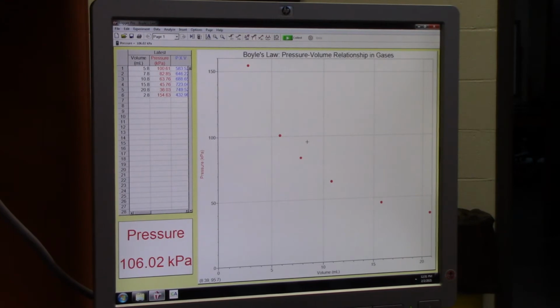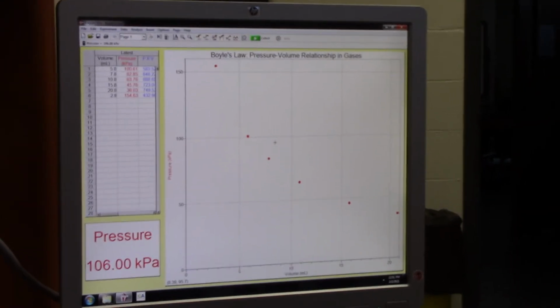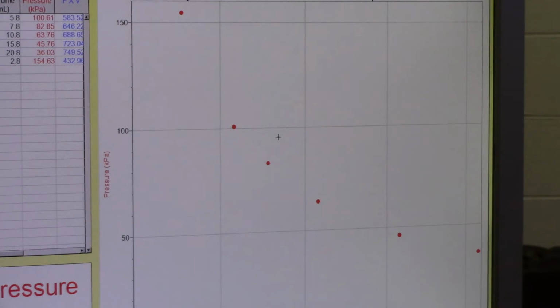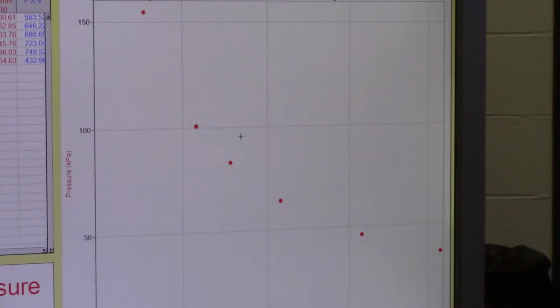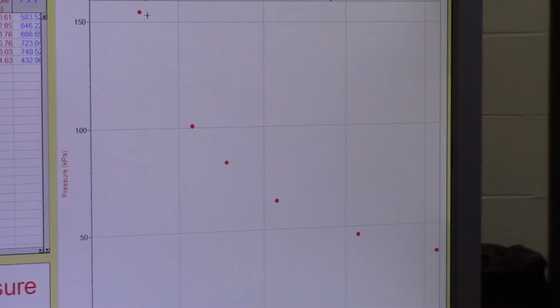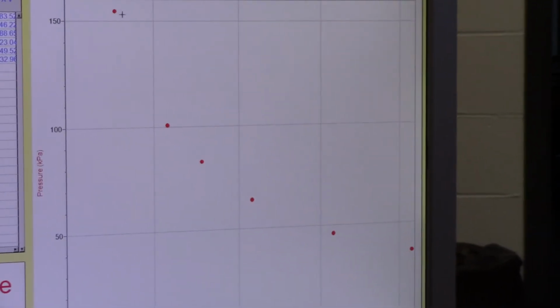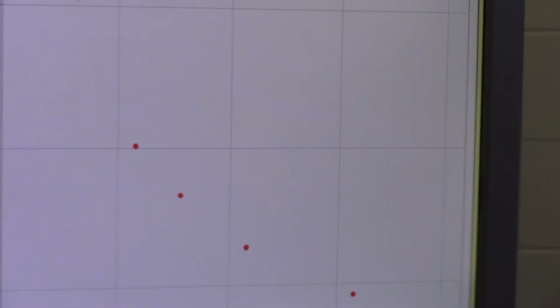Okay, so if you take a look at it, you can see that there is a definite relationship between, right, we have values up here all the way down here. Now, let's see. So what we want to do now in your lab book is actually find out the mathematical relationship between the volume and the pressure.